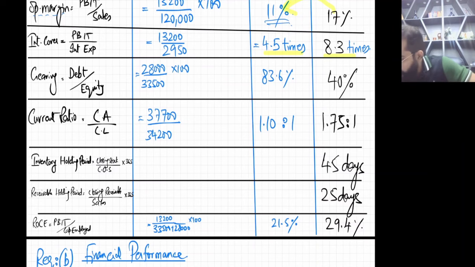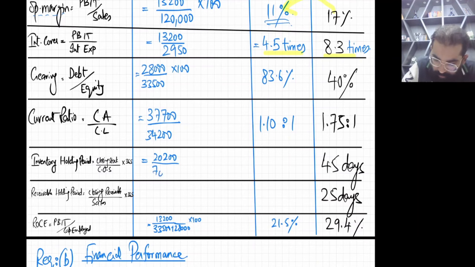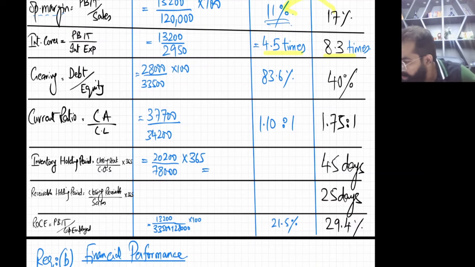Then you have inventory holding period in days. So it's closing stock, which is 20,200, divided by cost of sales, which is 78,000, times 365. This will be 95 days.